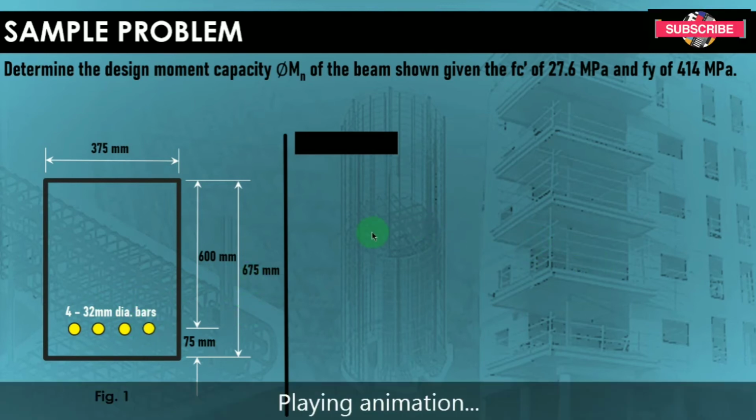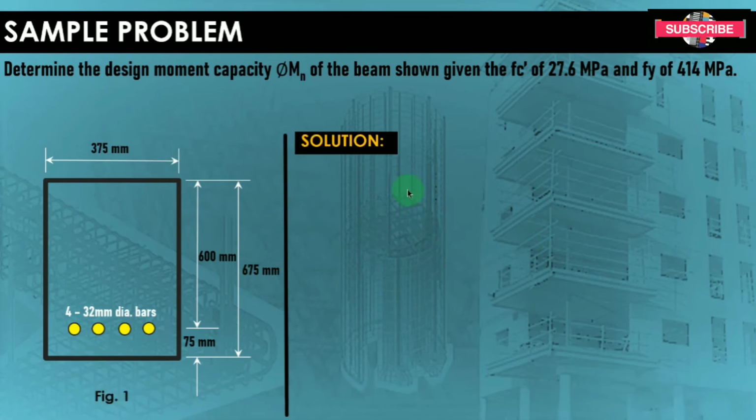So our approach here is you need to compute the steel ratio. You have to know the actual steel ratio of your section, so you need to calculate the rho. First, rho is equal now to the area of steel over your bd. So we have b of 375 and d of 600. The area of steel is four 32 mm diameter bars.